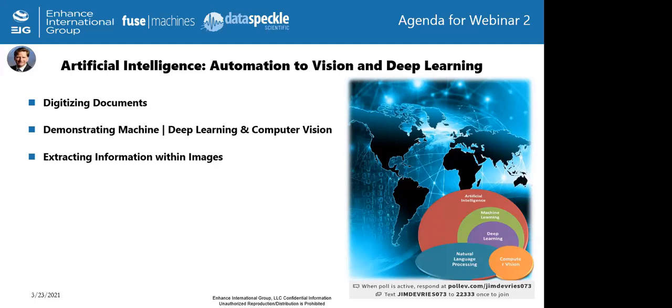How do we do that? And then we have our Altman Z case study, followed by Fuse Machines AIDR Framework, and then Q&A. Again, if you have questions throughout the webinar, please enter them into the Q&A, and we'll do our best to answer those as we come upon them.